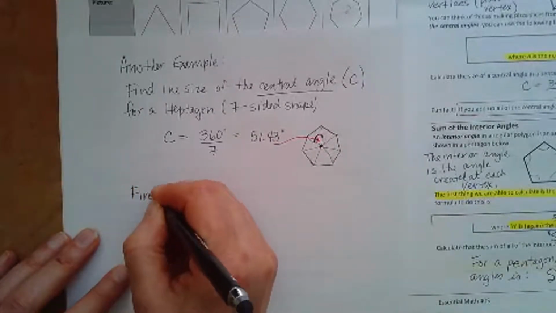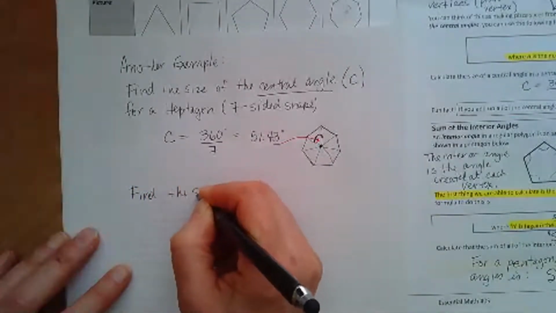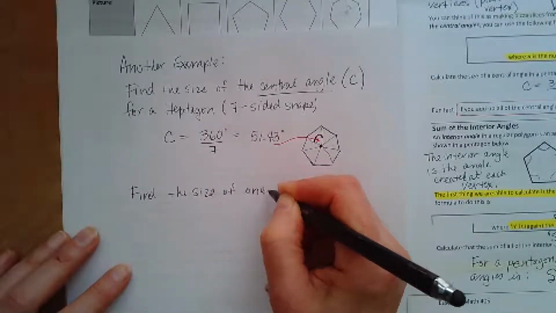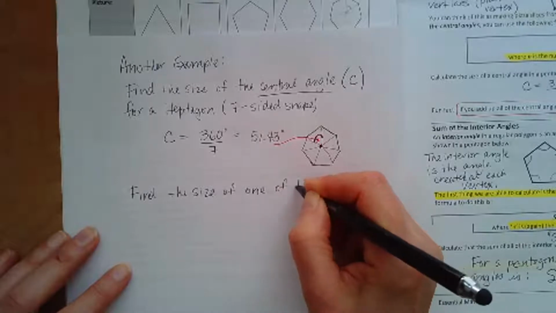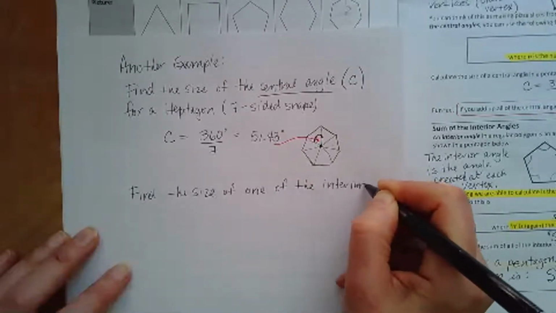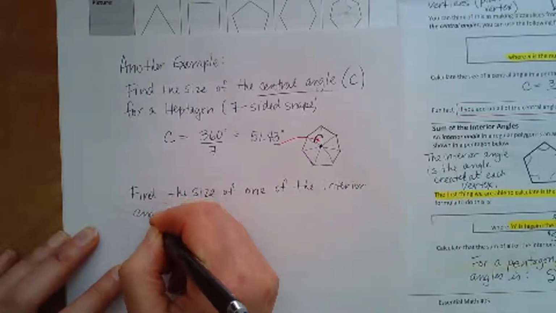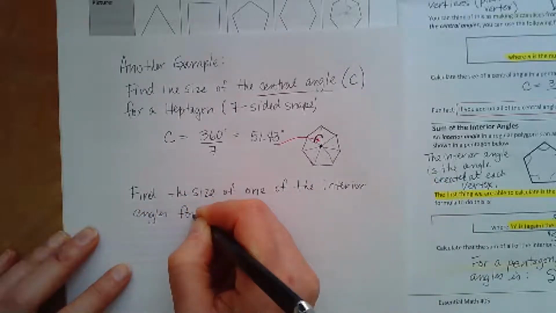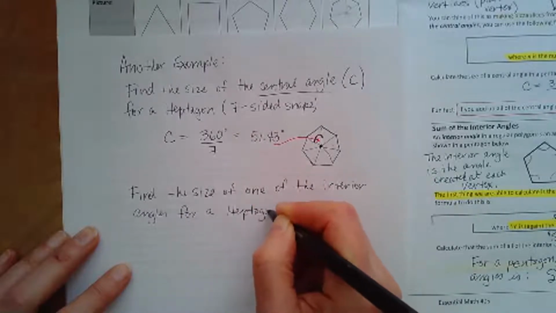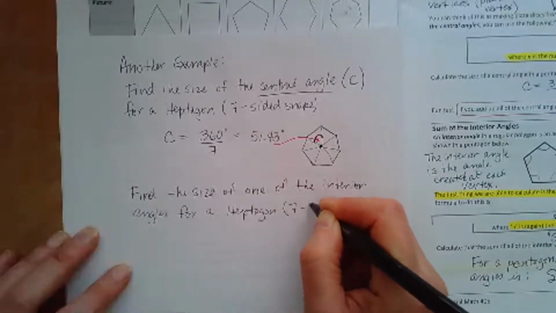Find the size of one of the interior angles for a heptagon. Again, seven-sided shape.